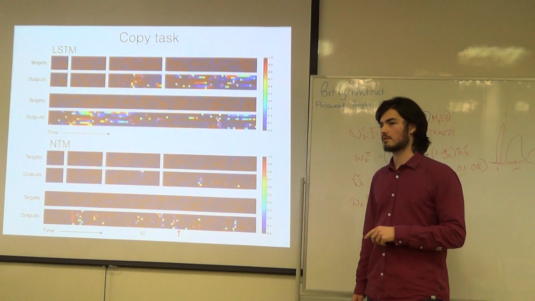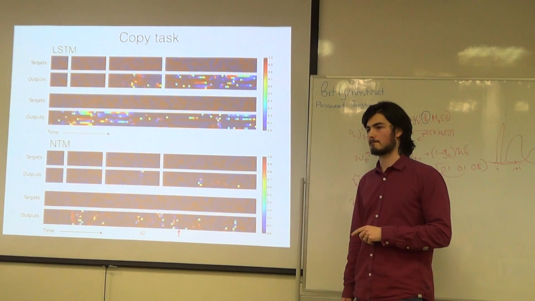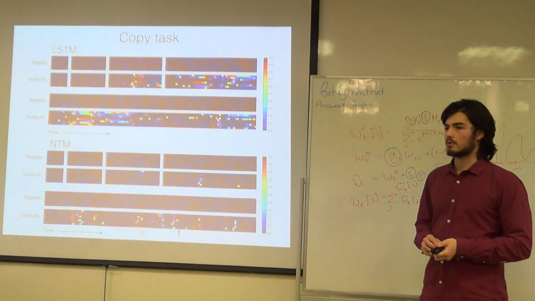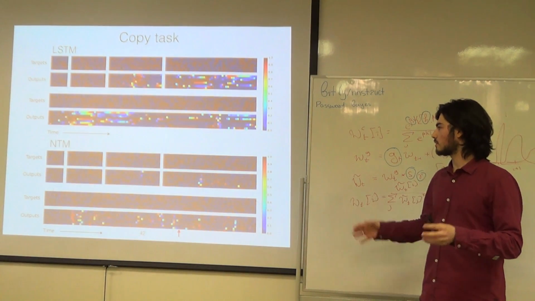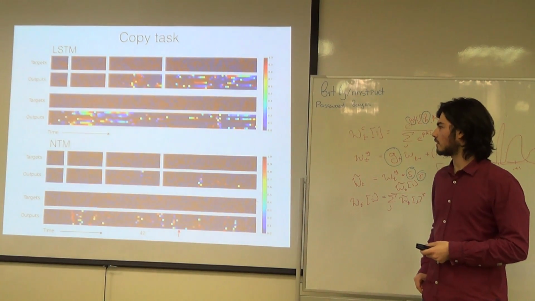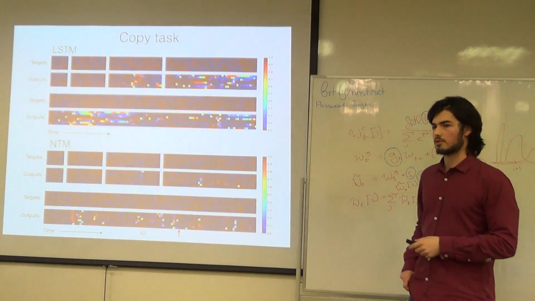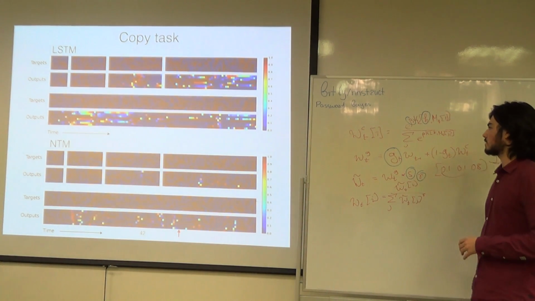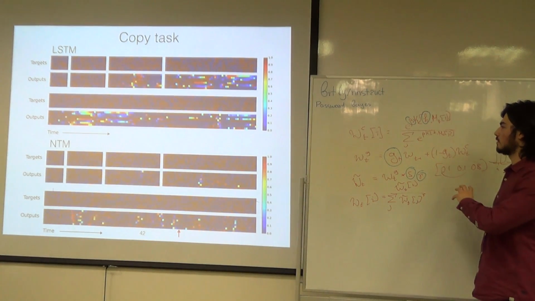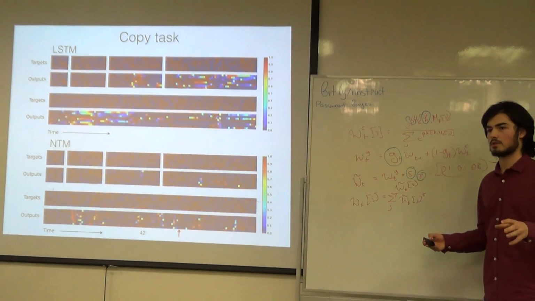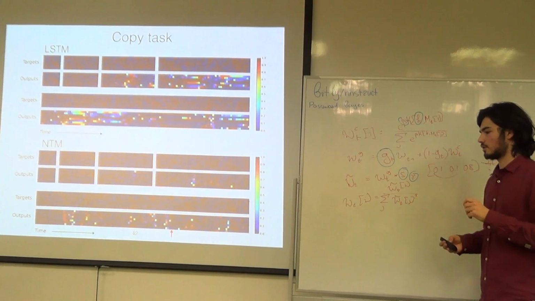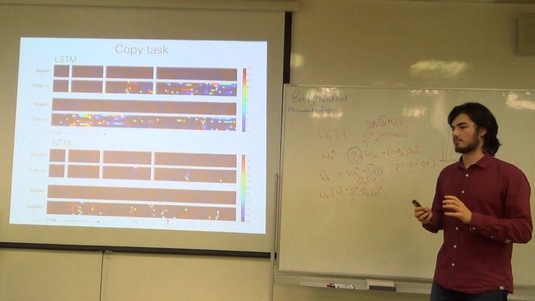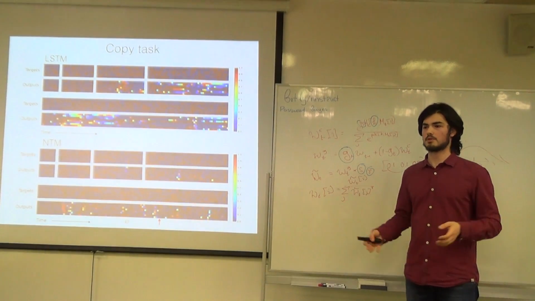Did they increase the number of memory cells? Actually, as I remember, no. They trained on some fixed number of memory cells. The cool thing about Neural Turing Machines is that they can be run on an arbitrary number of cells. For example, if you train it on a memory size of 20, then you can, without problems, run it on a memory size of 40.